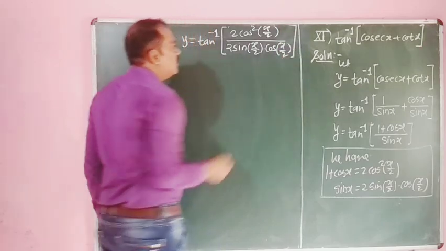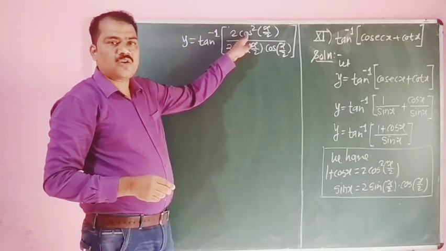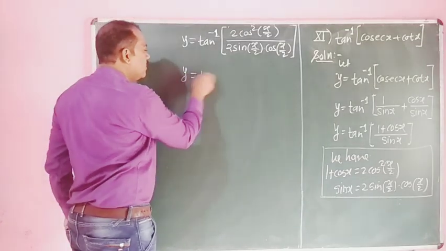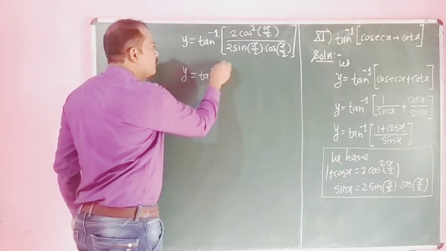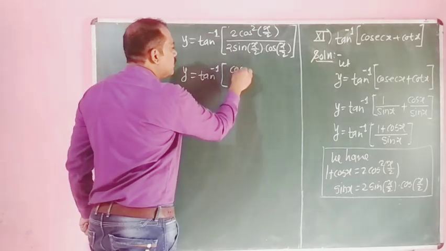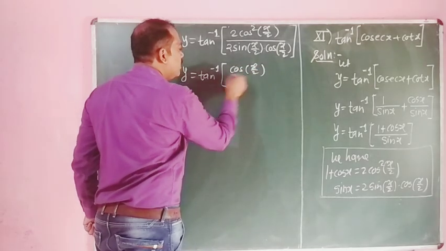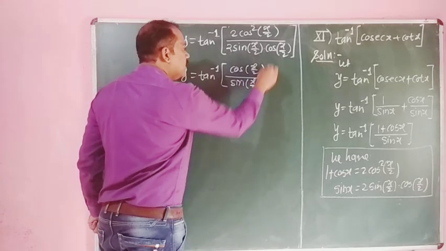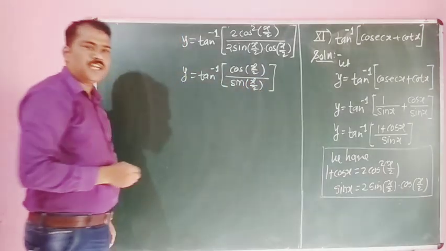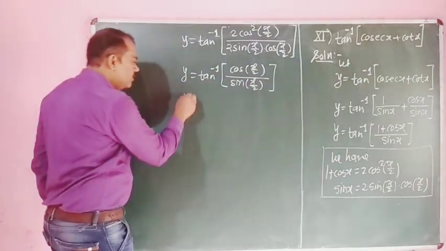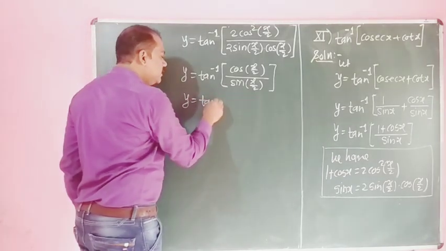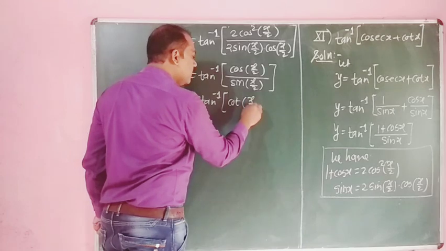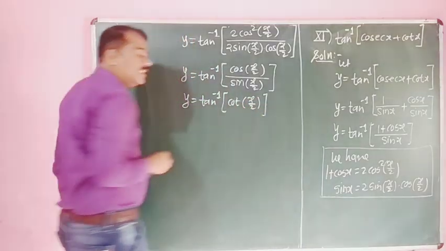The 2 gets cancelled, and from the square one factor cos x by 2 gets cancelled, so the remaining y is equal to tan inverse of cos x by 2 divided by sin x by 2. That is, cos upon sin is nothing but cot, so y is equal to tan inverse of cot x by 2.